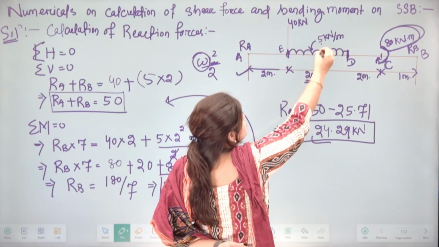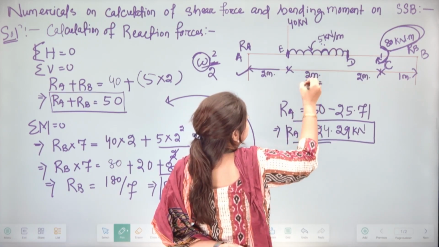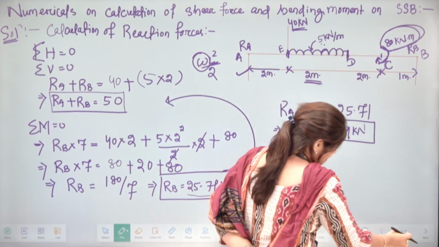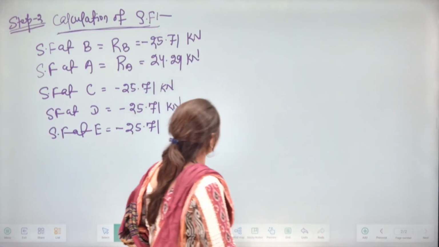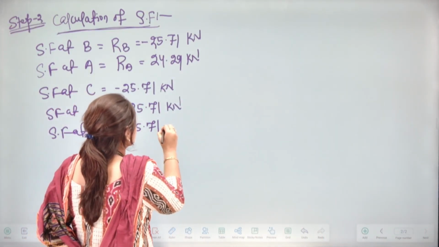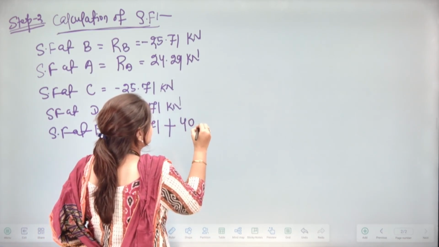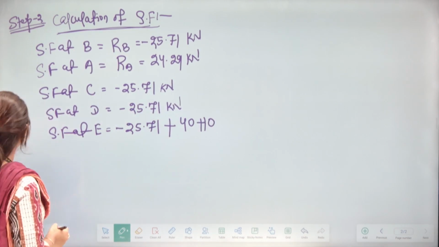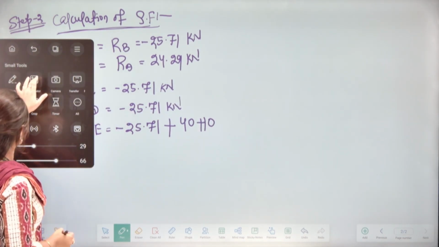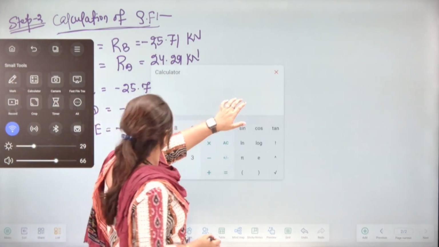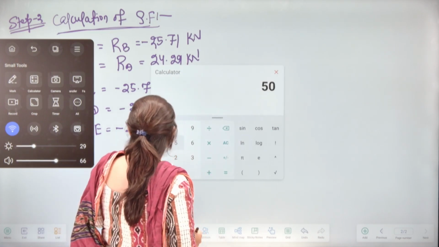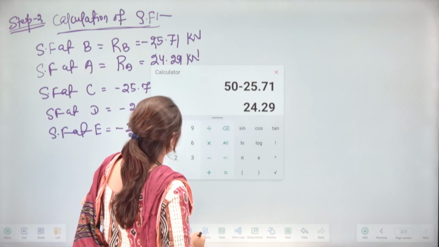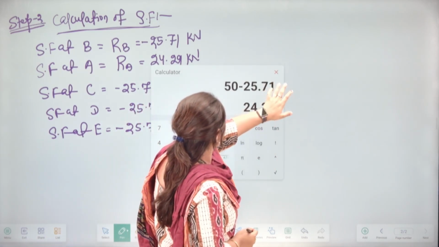Here the force 5 kilonewton into 2, that is 10, and this 40. So plus 40 plus 10, 50 minus 25.71, that is 24.29.